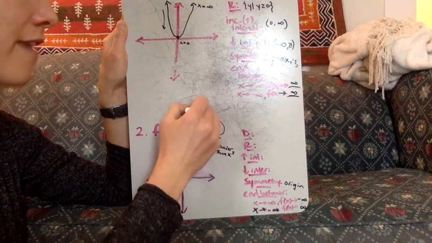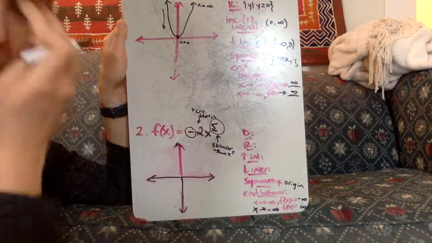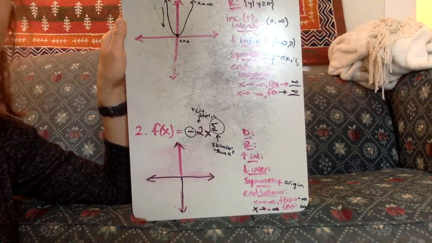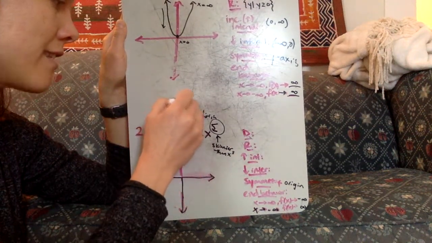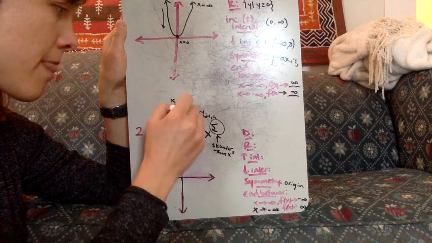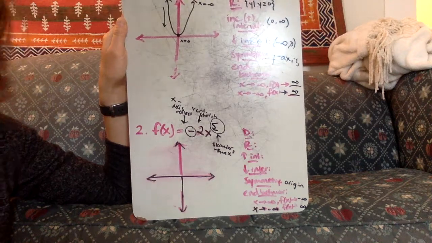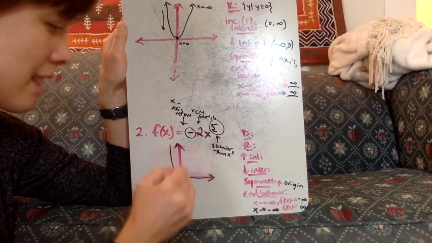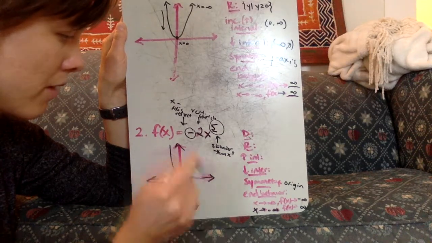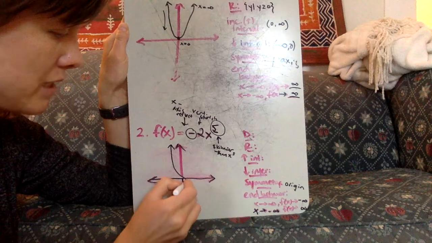I also have a vertical stretch here, which makes it even closer to the y-axis, so even skinnier there. And I have an x-axis reflection. So it's going to be reversing the direction of those arrows. So this is going to be closer to the y-axis like this, and it's going to be going in the other direction from my positive parent quintic function.